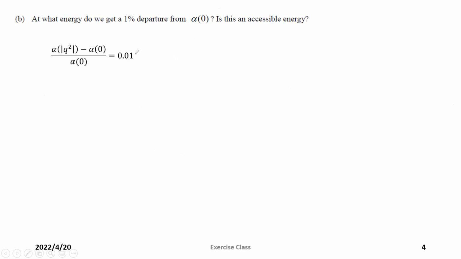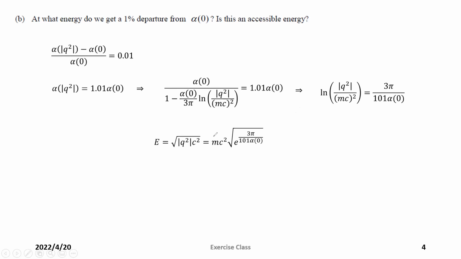We can simply set up these equations and solve for Q square. We arrange the terms and substitute the expression for alpha of Q square, and we get the equation like this. Similarly, we can solve for the energy.